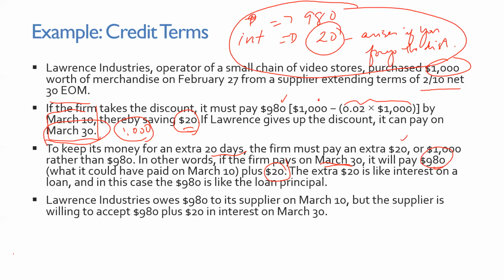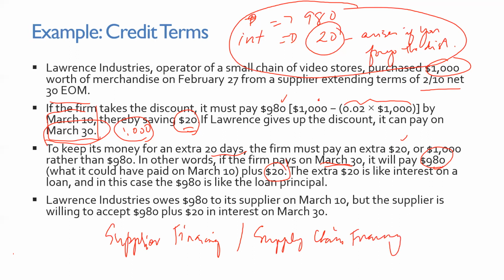Okay? So that is an important concept because more and more industries are relying on what's called supplier financing, or sometimes this is called supply chain financing. Okay, you have a case on supply chain financing so that you will look at these concepts.